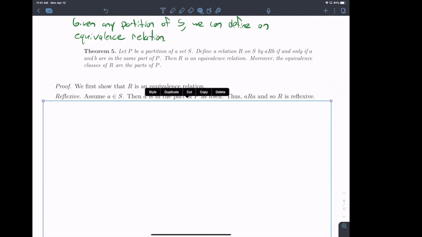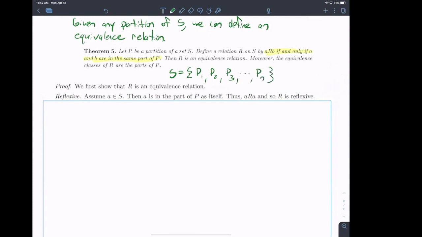So if we want to prove that this relation that we just defined, and again, the relation that we're dealing with is this one over here. So we have some partition of the set S. We'll call those parts, and each of those P's is some set of things.